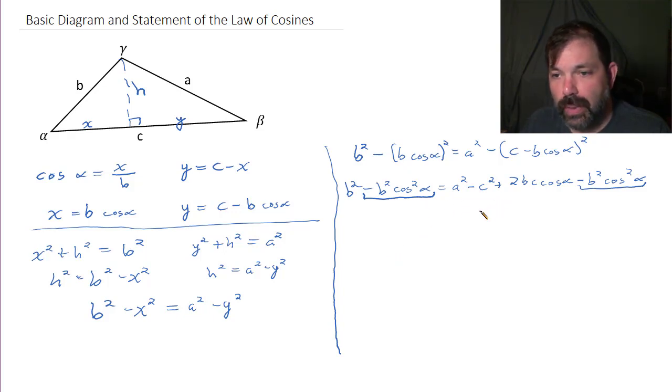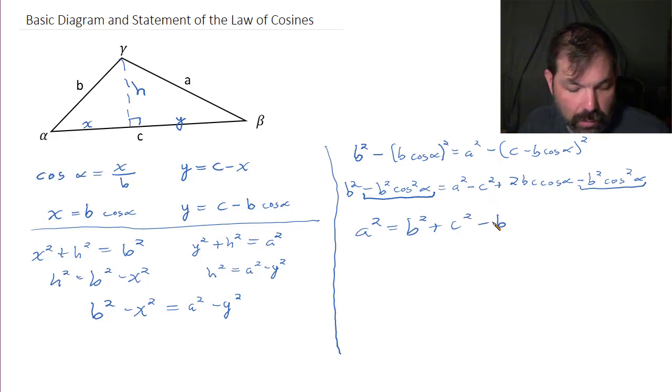Those add to 0, and the common way to write this would be to isolate a squared. So a squared equals b squared plus c squared minus 2bc cosine alpha. This is known as the law of cosines.